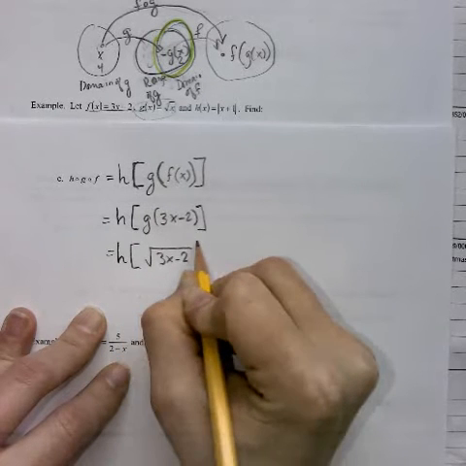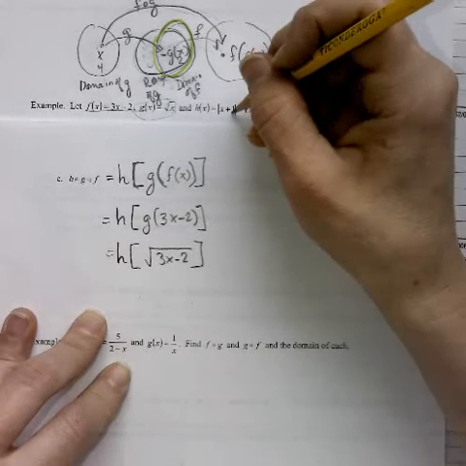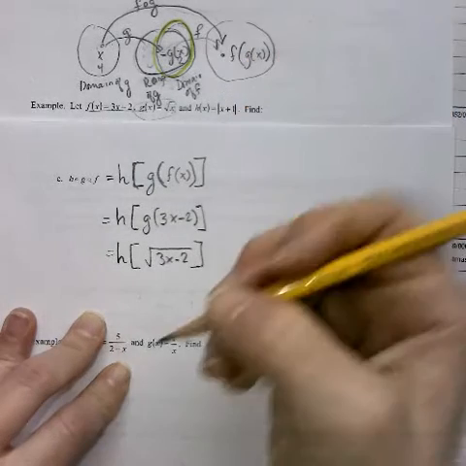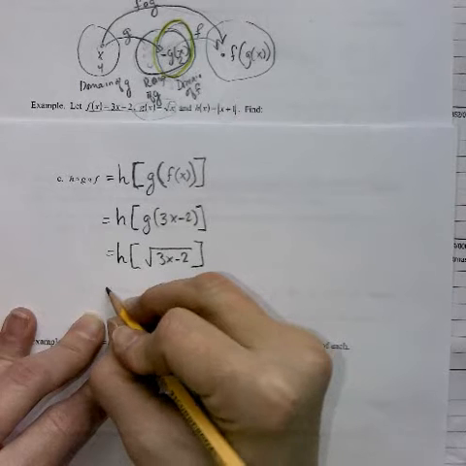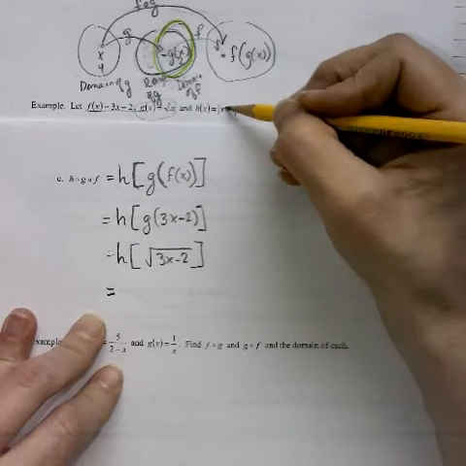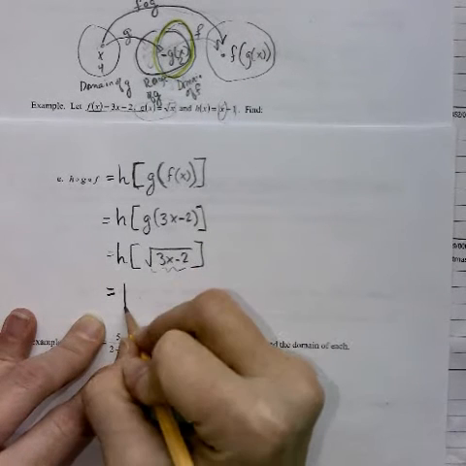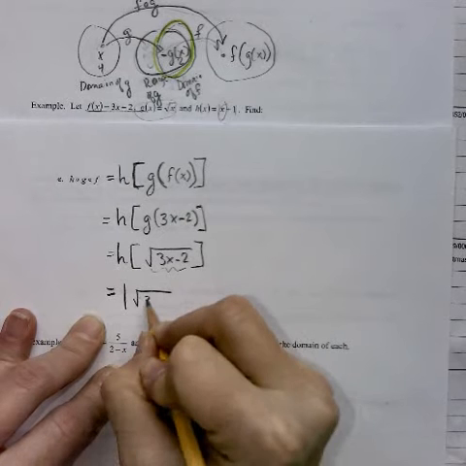And now we're going to plug that into h. We've got this absolute value function. And so the x here is going to get replaced with this square root of 3x minus 2. Absolute value of the square root of 3x minus 2 plus 1.